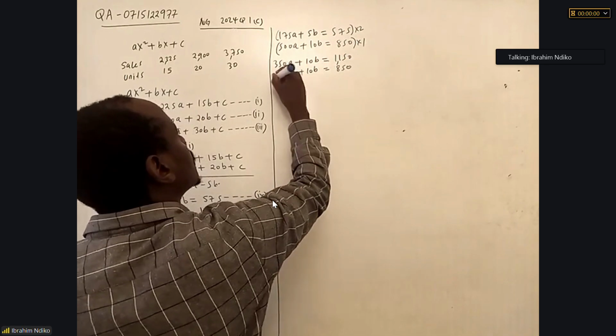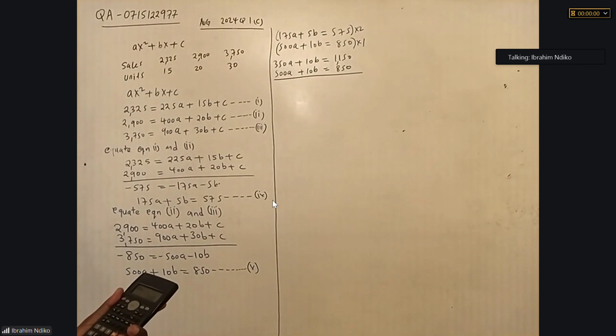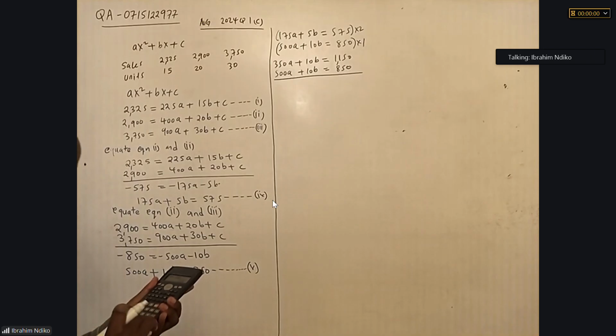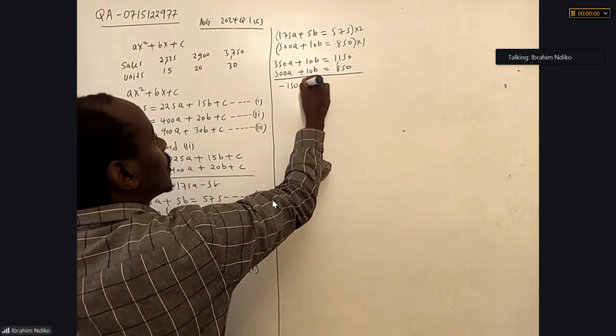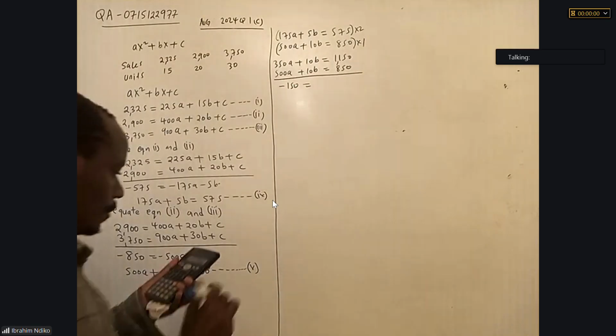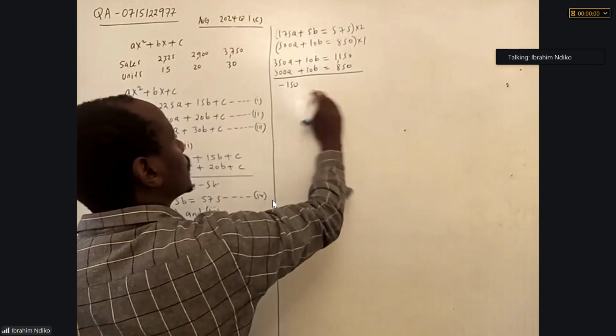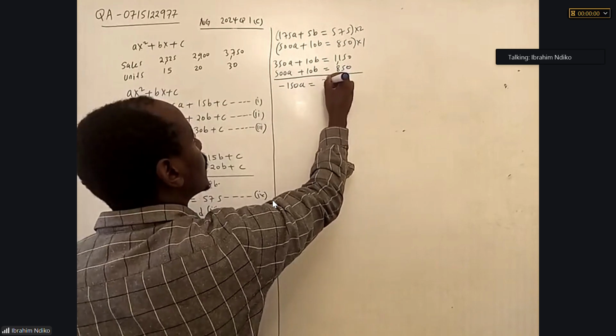Now we can eliminate. So we eliminate b. So 350 minus 500 is minus 150. 10 minus 10 is 0. So 1150 minus 850 will be equal to 300.